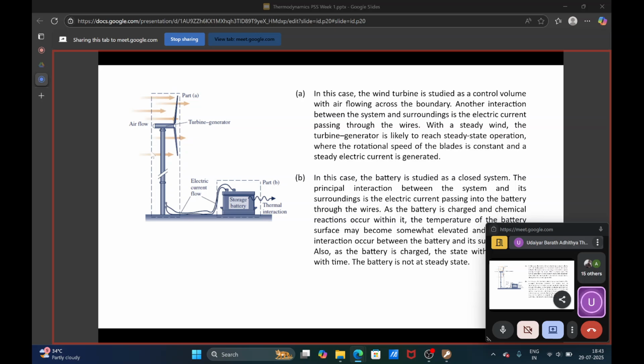Now this is a control volume, because air is coming in and going out, and that is doing some work on the turbine blades. So your interaction here is with respect to air flowing across the boundary. That is one interaction with the boundary, and second is whatever electricity is generated, that is going out through the electrical wires. That is your second interaction occurring through the boundary.